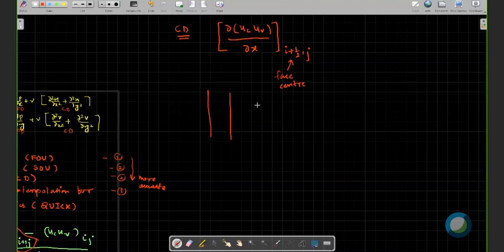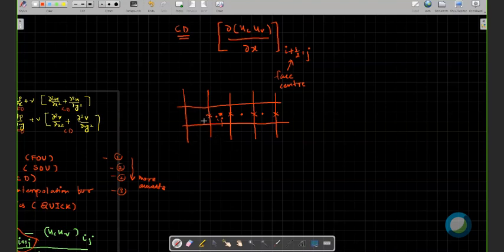So in our grid, we have taken, suppose this was i, j, the cell center is i, j, then this was i half, this is i plus 1, j, this is i plus 2, j, this was i plus 3 by 2, j, and this was i plus 5 by 2, j.